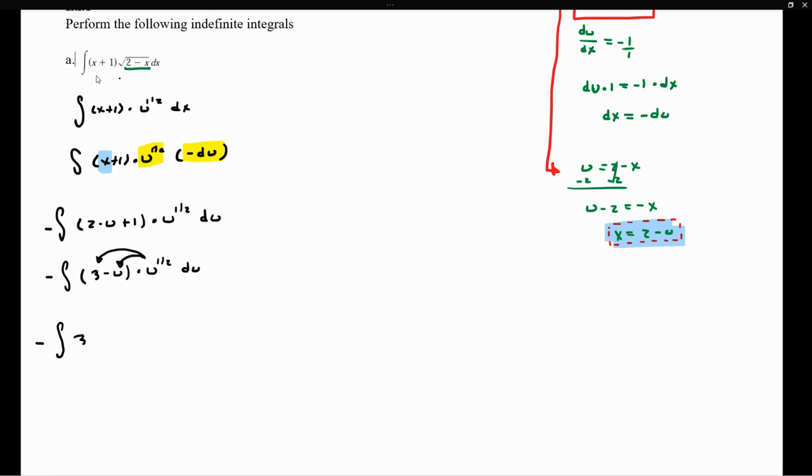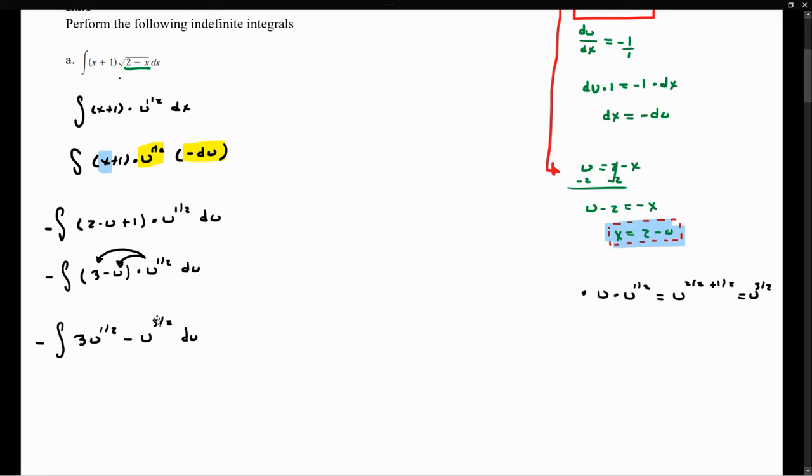So now we're going to get 3u^(1/2) minus u^(3/2) du. And the way that we're getting this 3/2 is, just to remind you, u times u^(1/2). Well, they have the same base, so we can add the exponents. 2/2 plus 1/2, which is u^(3/2). And that's how we are obtaining this exponent here.